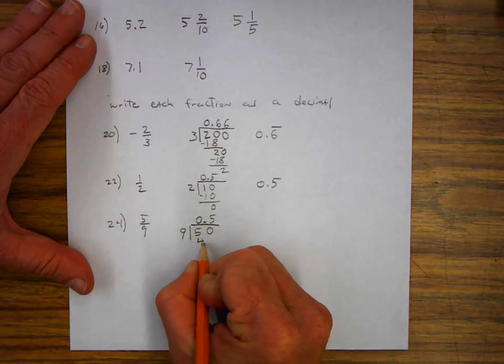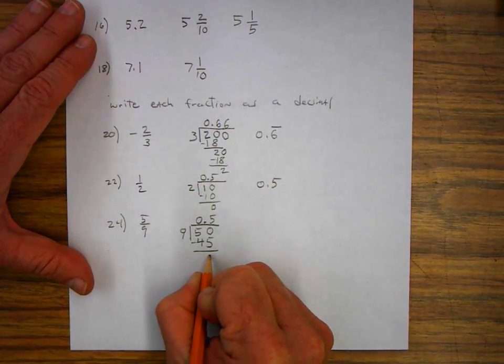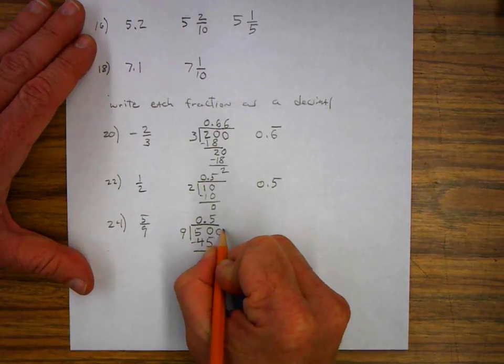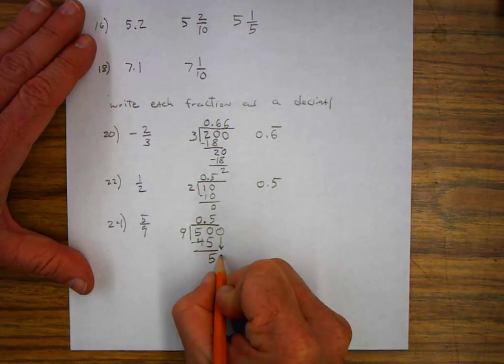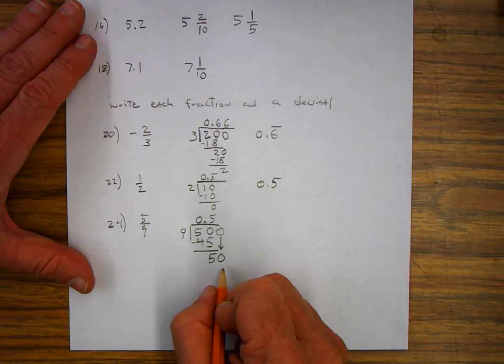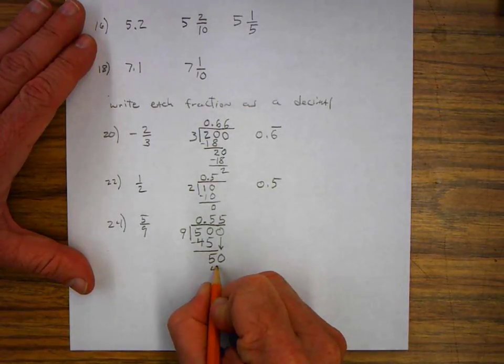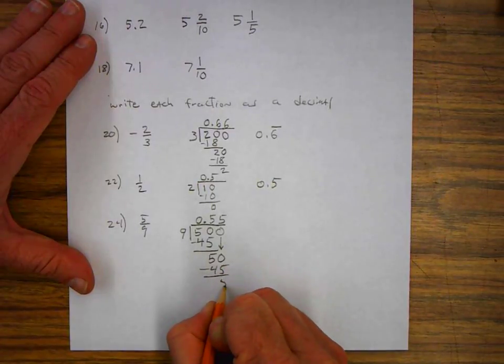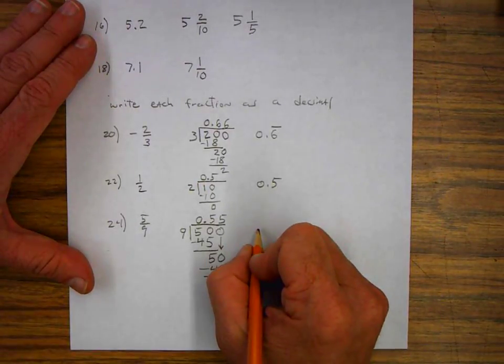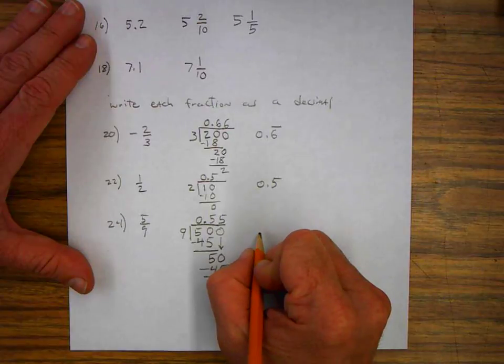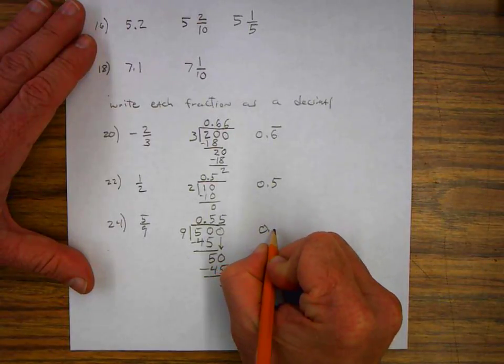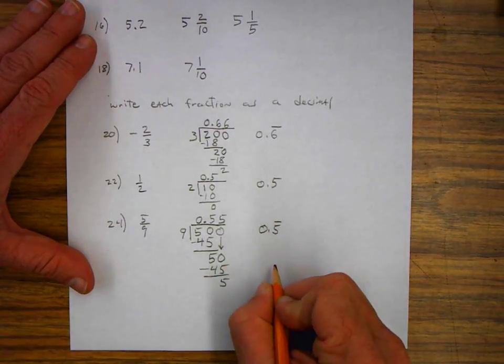I subtract, I bring down a 0, I got 50, and we can see that it's repeating itself. 9 times 5 is 45. We subtract, we got 5 left over. So we're just going to write 0.5 bar, and that's our answer.